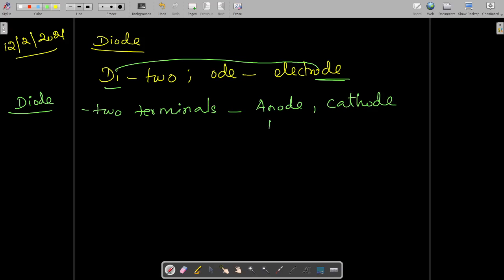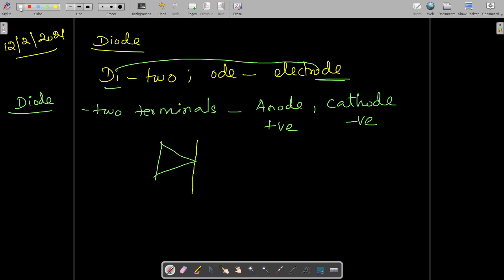The anode is always positive and the cathode is negative. And how do we represent the diode? This is the symbol. It is an arrow mark, or a triangle shape, that represents your anode, and this vertical line represents your cathode.